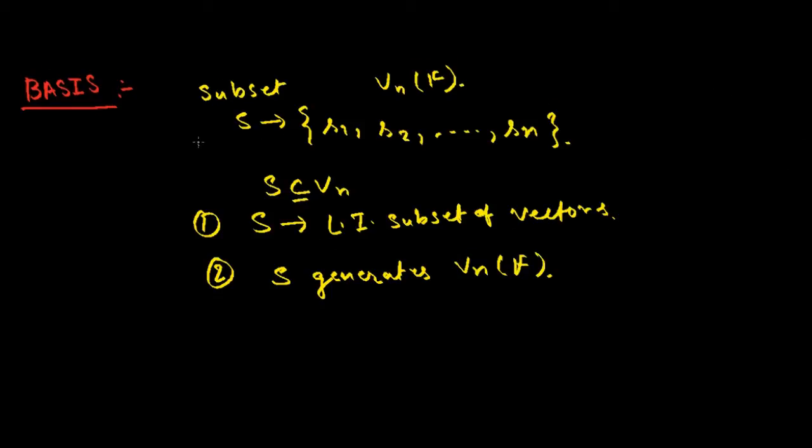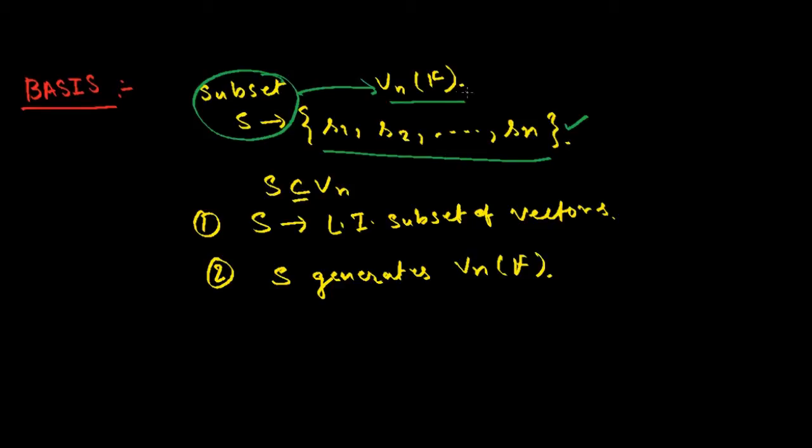So it's a subset, okay? Basis is a subset of our vector space. It contains some elements. You can say that if the dimension of the vector space is n, then the number of elements present in our subset will also be n, okay?